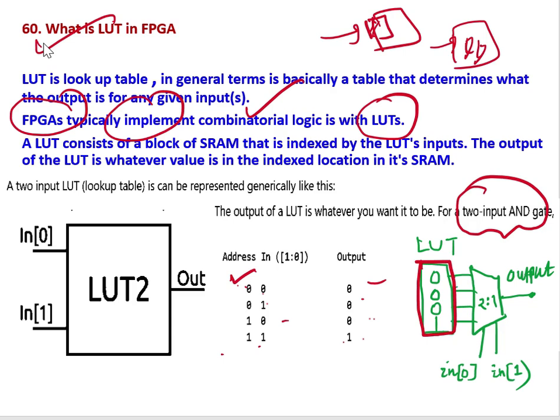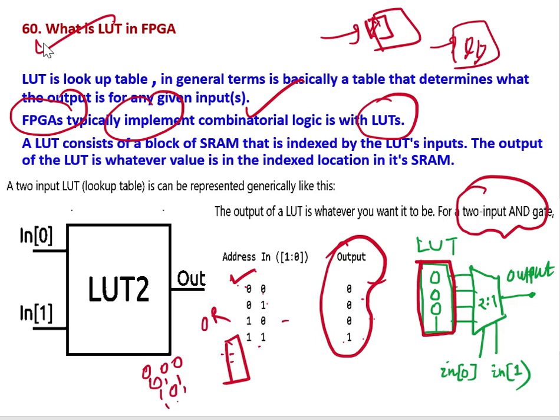If it is OR gate, then there is a lookup table for OR gate, and what is stored is 0 0 gives 0, then 0 1 gives 1, 1 0 gives 1, 1 1 gives 1.